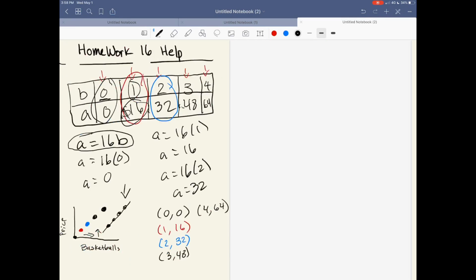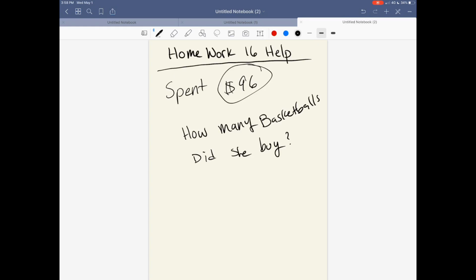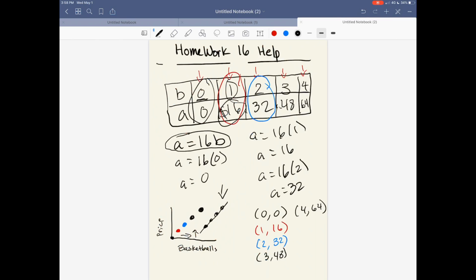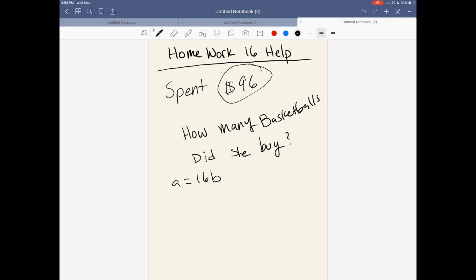So we're going to go back and see the function rule that they gave us is A equals 16b, right? Okay, so for the chart that we were doing before, what happened is they gave us B and we had to find A. Okay, B obviously was the number of basketballs, right? And A was how much we spent, the cost. Okay, how much money we spent.